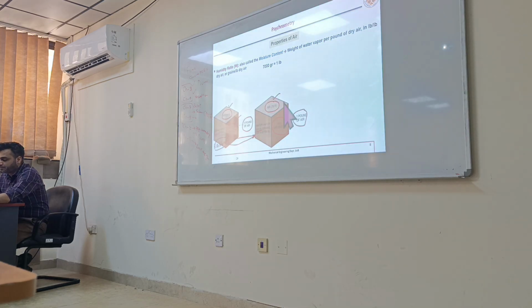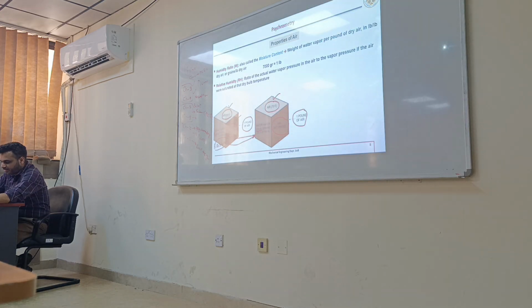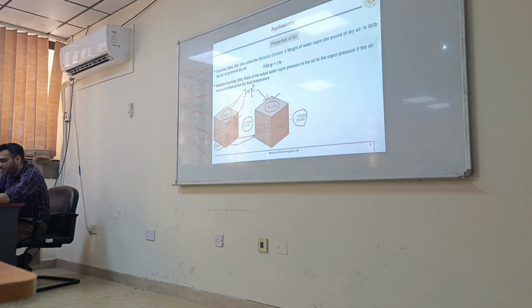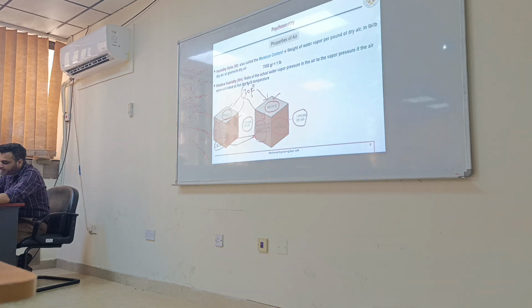Okay. So based on this, we can define another term which is called relative humidity. Just see in this example, this air at 70 degree Fahrenheit can hold maximum this much, and actually, for example, it is holding this much. So actual water vapor divided by maximum possible water vapor at that temperature is called relative humidity. So what is specific humidity?